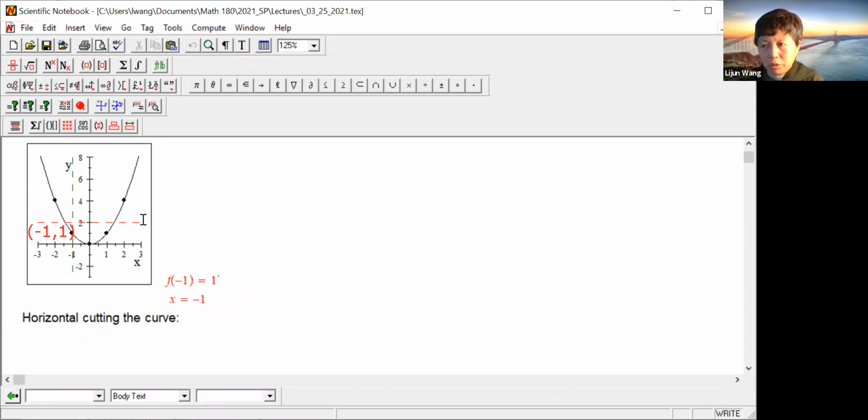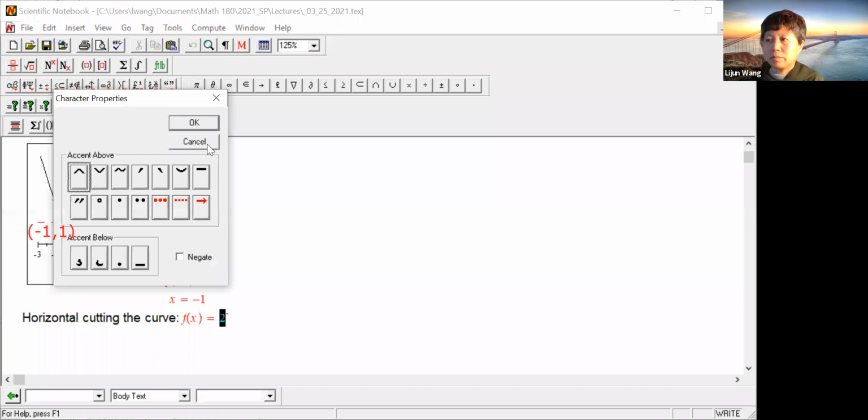This is the geometric meaning. What is the algebraic meaning? The algebraic meaning will be the output equals 2. This red line I drew here is y equals 2. The input is 2. I'm sorry, the output is 2.